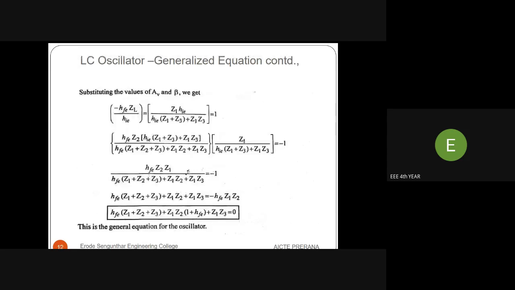And the feedback fraction beta equal to VFB divided by V0. Here VFB equal to Z dash divided by Z dash plus Z3 into V0.